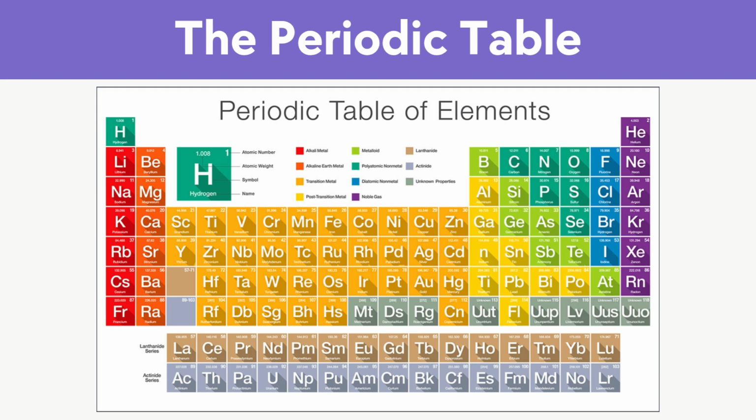Please remember, hydrogen is a non-metal, but it is on the left side of the periodic table. But remember, the dividing line starts there with hydrogen. So hydrogen is the only non-metal on the left side. Other non-metals will then be on the right side, divided by the dividing line where the metalloids are, going down.